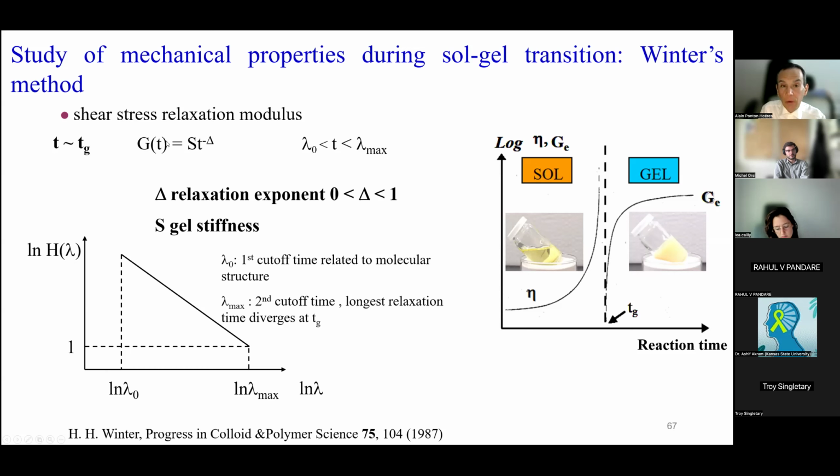And the shear stress relaxation modulus is associated with a spectrum of relaxation times, which is also described by a power law. Physically, it means that you have no characteristic viscoelastic time in your material, not a discrete spectrum of relaxation times, but you have a continuous relaxation time spectrum in your material.